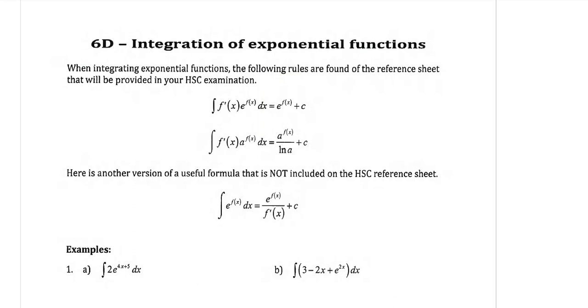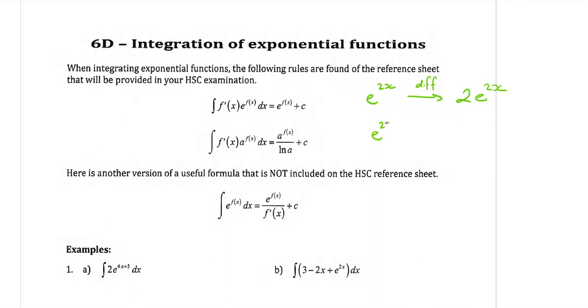So, while you do have those formulas, me personally, this is how I think. Let's first of all remember differentiating. If I had e to the power of 2x, when you differentiate it, it becomes 2e to the 2x. Okay?